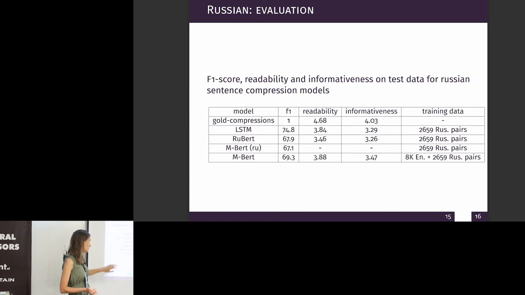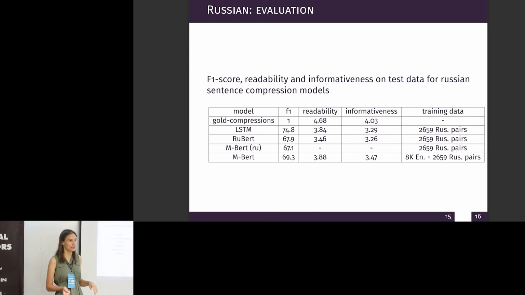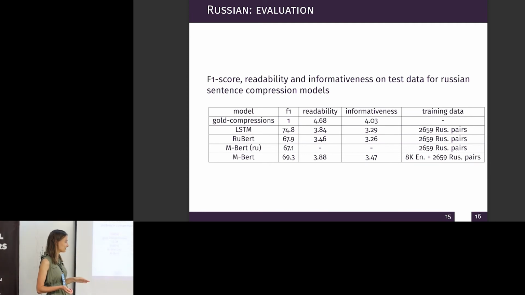We can imagine that multilingual BERT pre-trained on terabytes of data is more aware of what makes a grammatical sentence than just long short-term memory networks. And that's why even with little data, it's able to produce more readable and informative compressions, despite the fact it can't achieve this F measure.